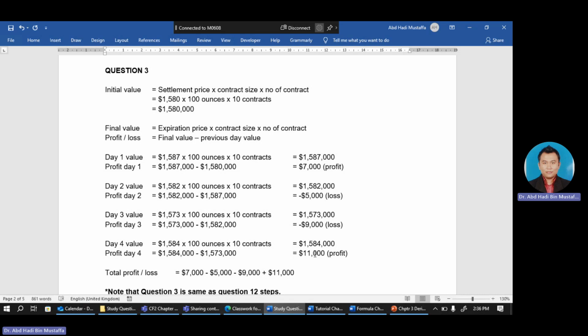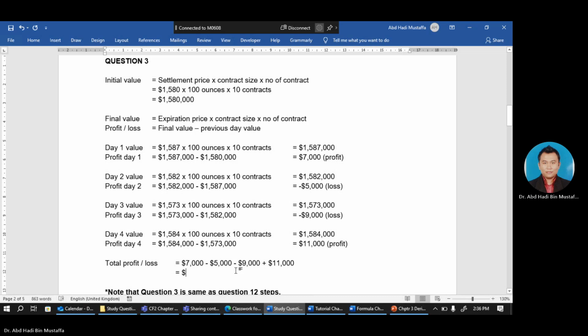Profit means plus. So you will get the final answer. I didn't put the final answer here. So please help me calculate how much for this one. Berapa? Campur ni, 4,000. 4,000 profit.